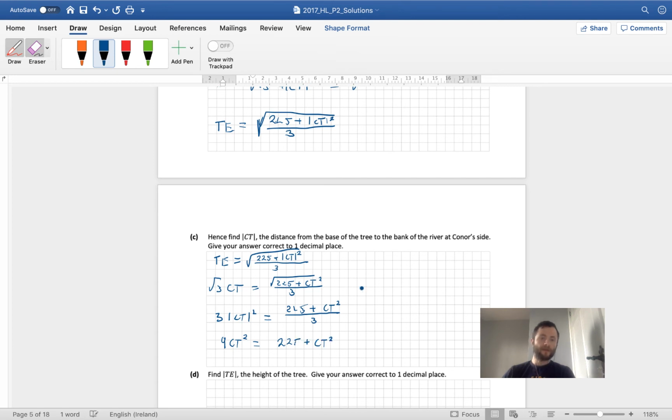So bringing everything to the same side, I get that 8 CT squared is equal to 225. So CT is equal to square root of 225 divided by 8, which gives me the value of 5.303.